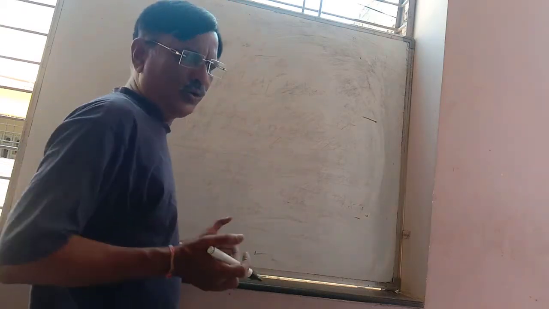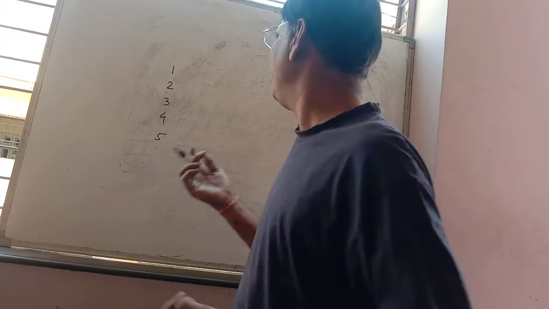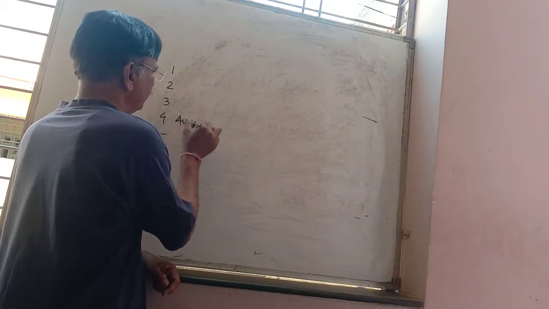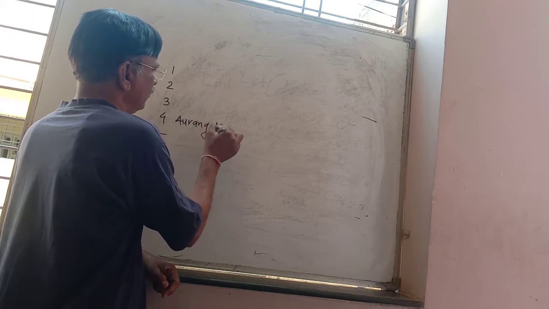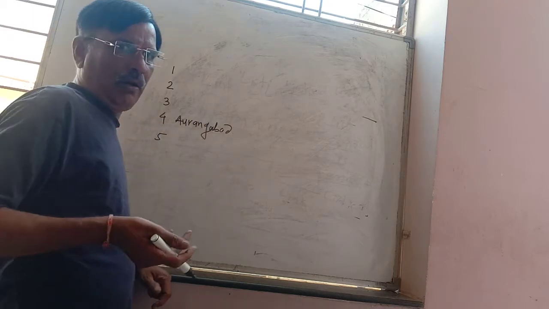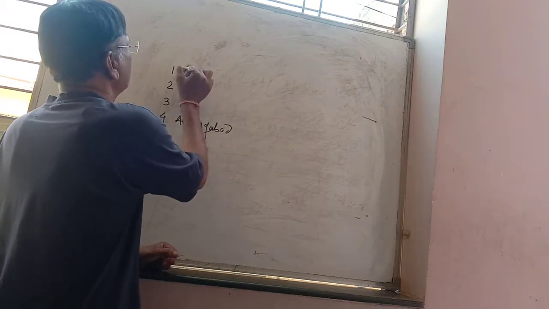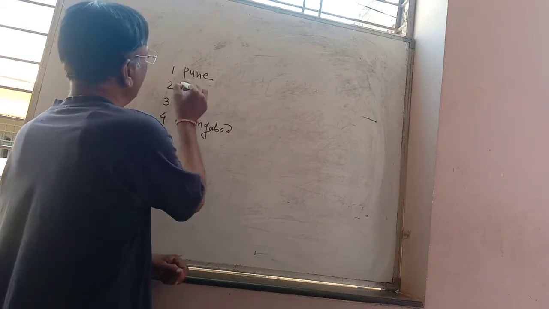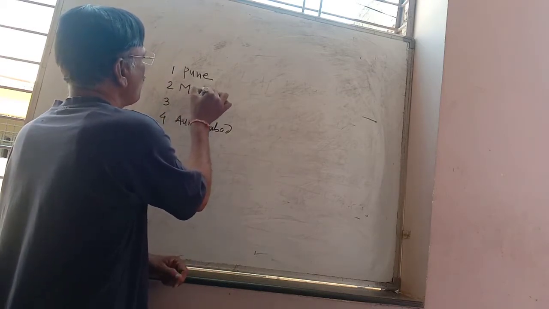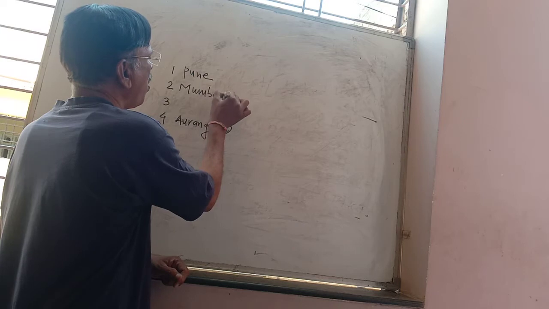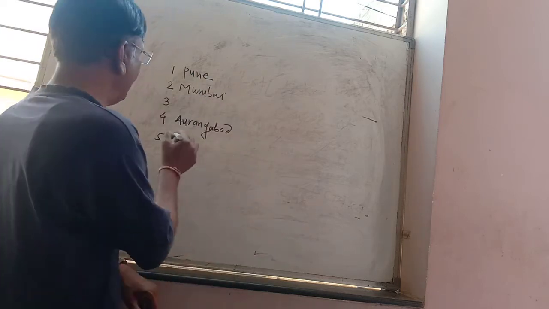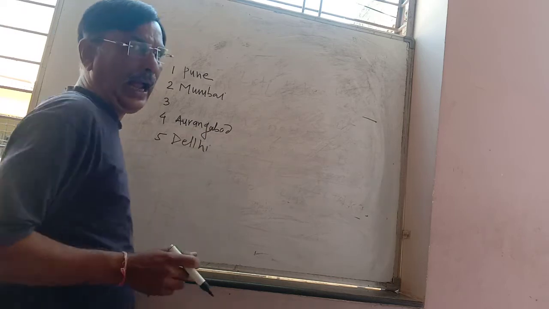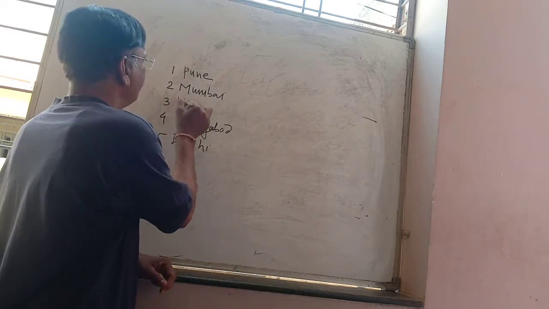Suppose the first element is Aurangabad, and then there is Pune, and then Mumbai, then Delhi, and last there is Kolkata.